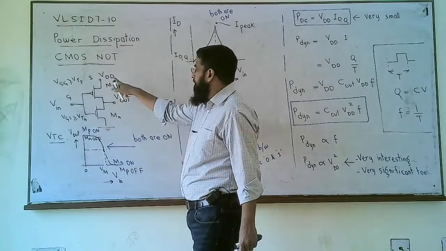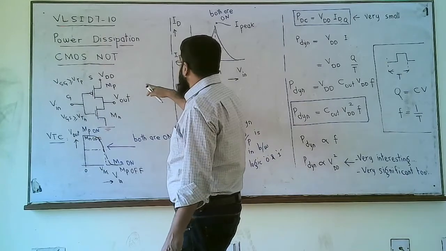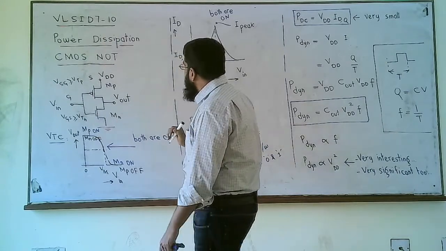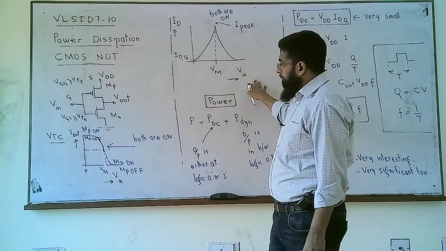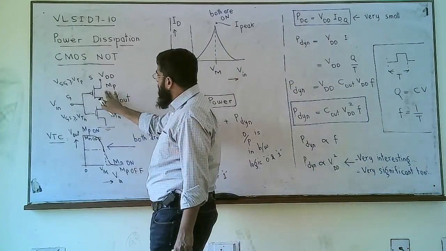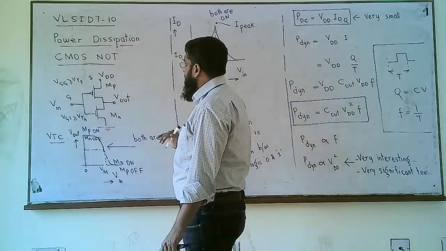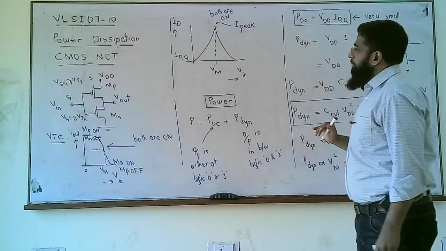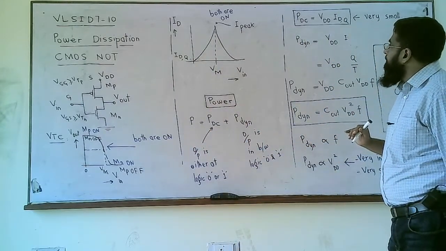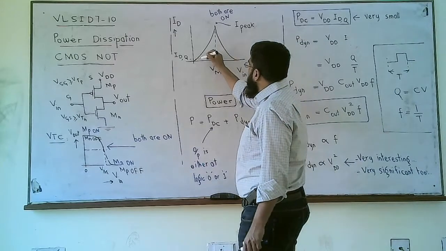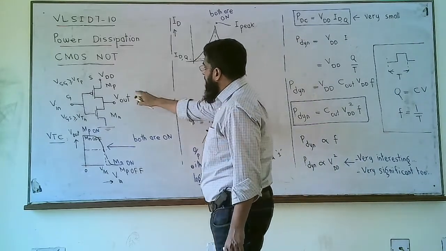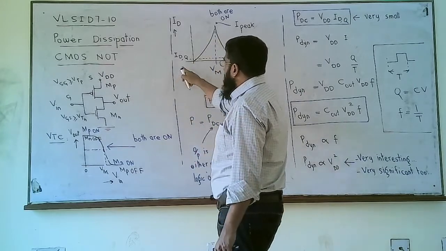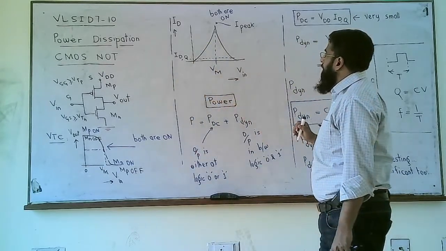This means very small leakage current is flowing through this gate from VDD down to ground. And when we have Vin at a very large voltage, MN is on but MP is off, and again we have very small leakage current flowing through this path from VDD to ground. So there is a very small current flowing through MP and MN when the output is at logic 0 or at logic 1.